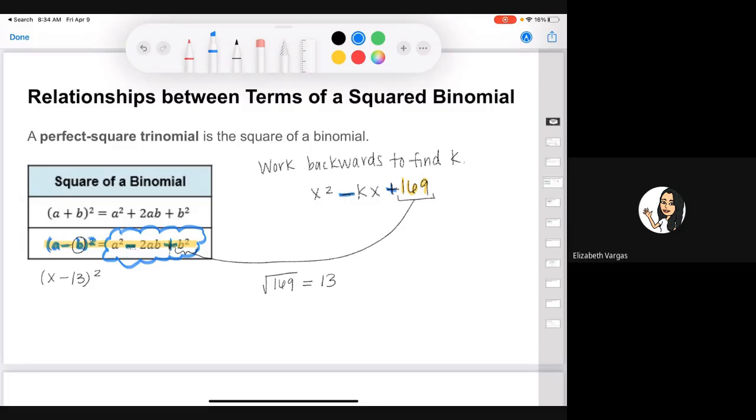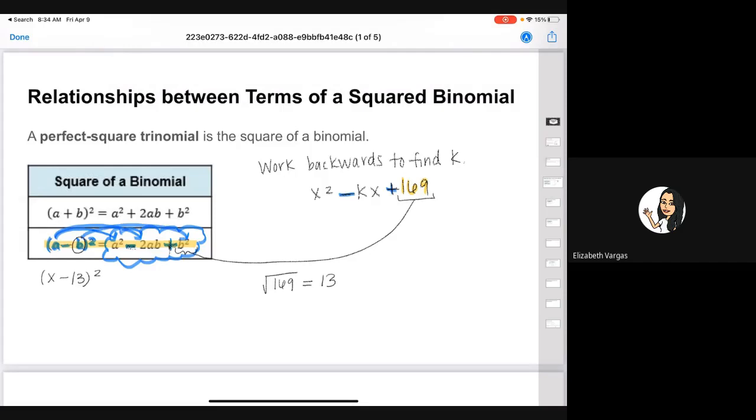Whatever a was, it results in a squared. Whatever a and b were, it results in 2 times a times b. And whatever b is, my end result, my c, will be b squared.